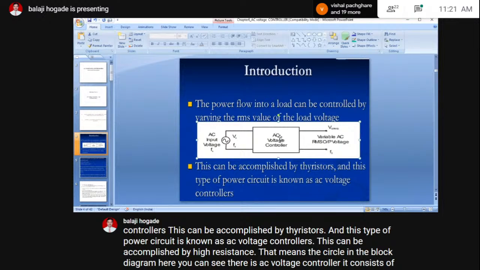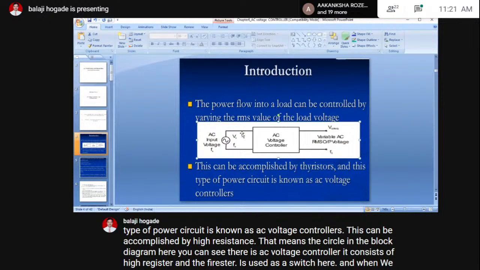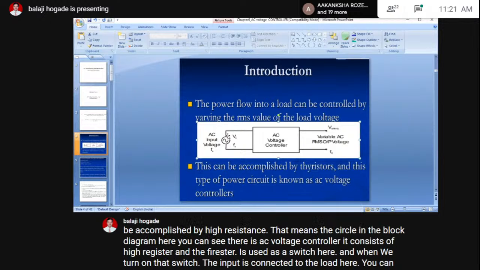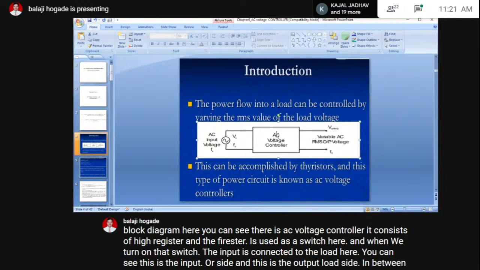When we turn on that switch, the input is connected to the load. Here you can see this is the input source side and this is the output load side. In between there is a voltage controller block which consists of thyristors or a thyristor.